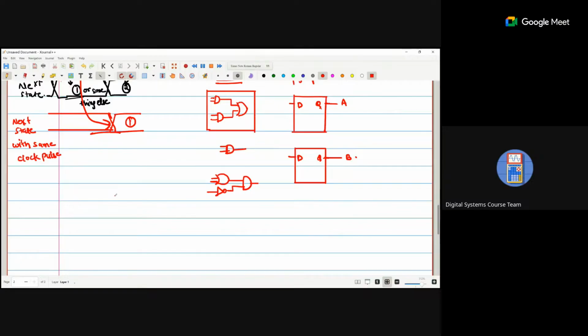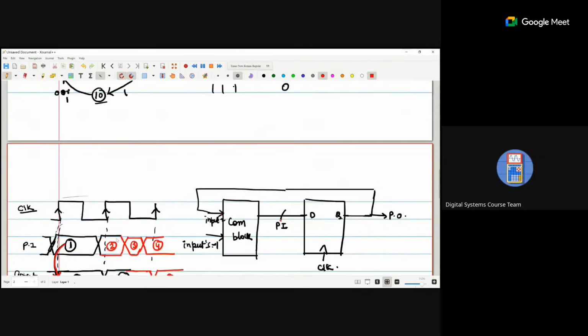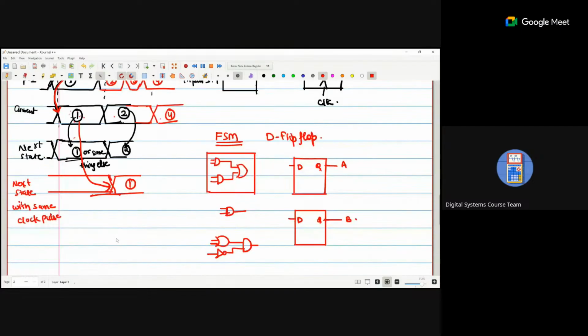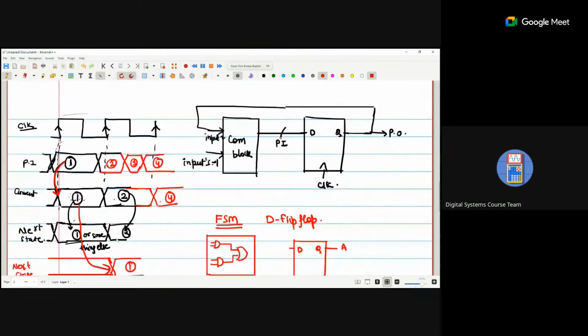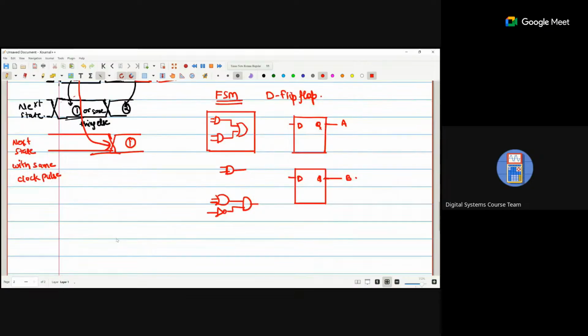Now, if we go with this diagram, we have two inputs for this combination block. I assume that one input is X, so I can apply one input here.